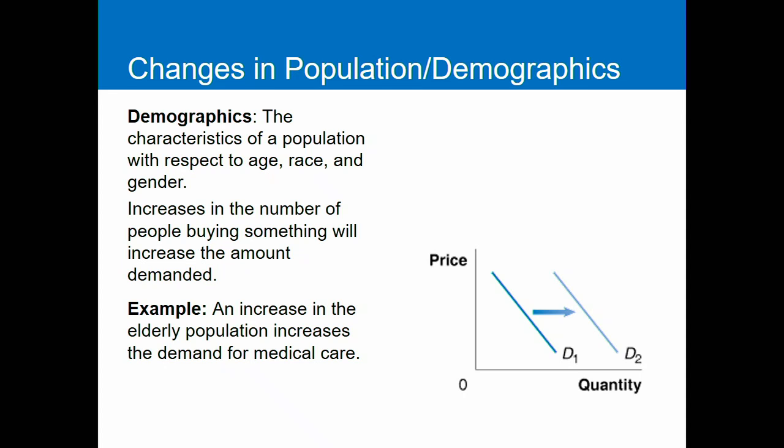Now for demographics, if demographics change, so let's say one demographic increases, and they typically buy a certain good, then you're going to see the demand curve shift to the right. And you're going to see more people demanding. So for instance, baby boomers are all getting old. They're retiring.